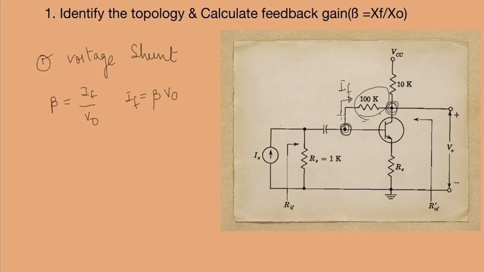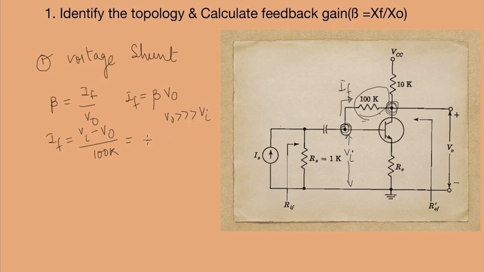Feedback current is the current flowing through this 100K resistor, and the value of feedback current can be found as follows. If this is the voltage V in, the voltage at the input side, then IF will be written as V in minus V out by this 100K. As we know, this is an amplifier circuit, which means output voltage is quite high compared to input voltage.